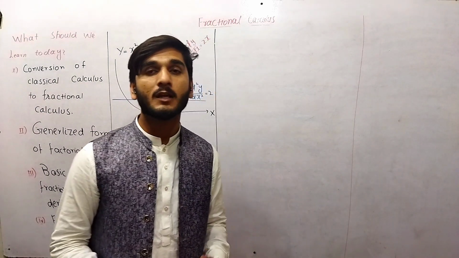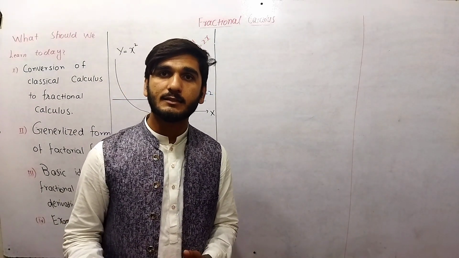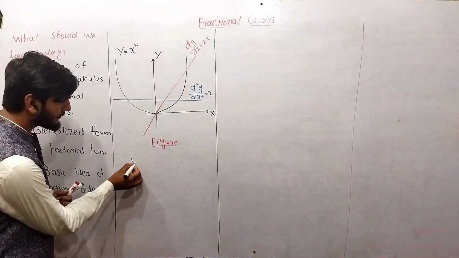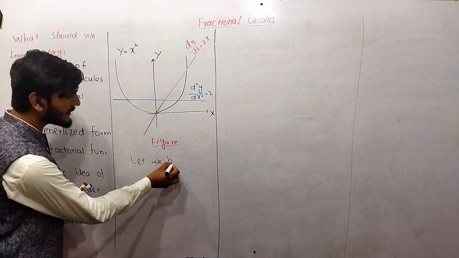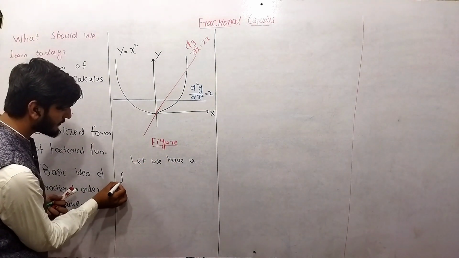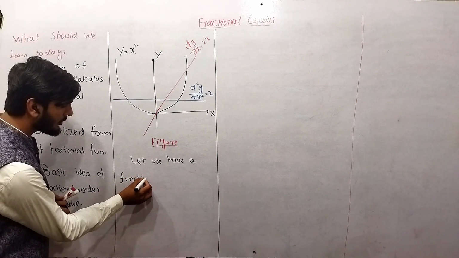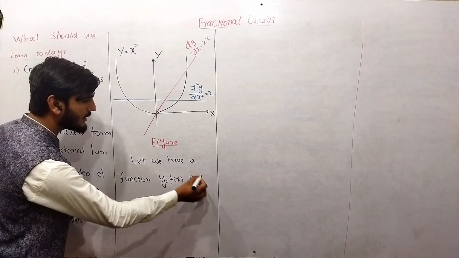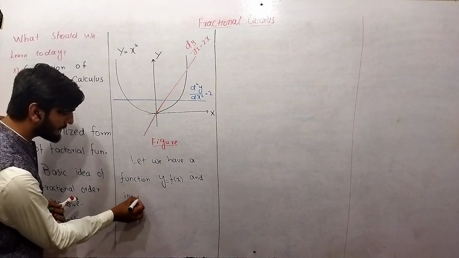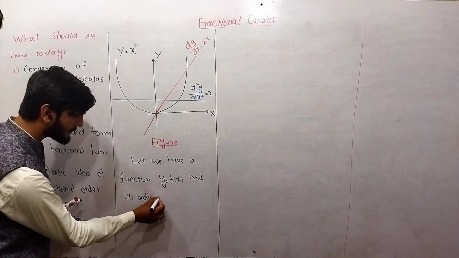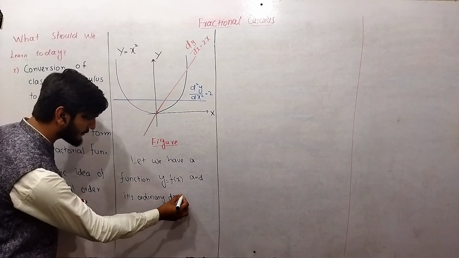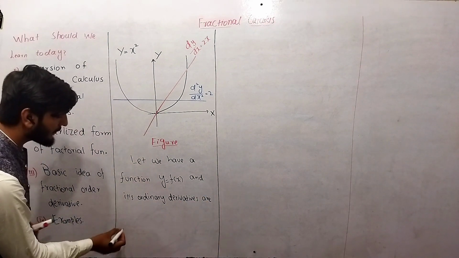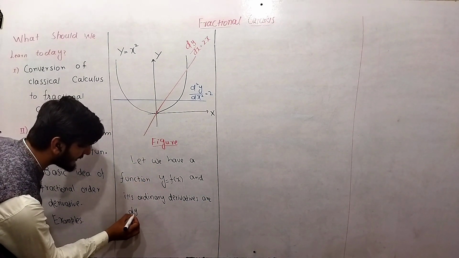Firstly, as we know about classical calculus and ordinary derivatives, let we have a function y is equal to f of x and its ordinary derivatives are like this. The first derivative of y is written as dy over dx.